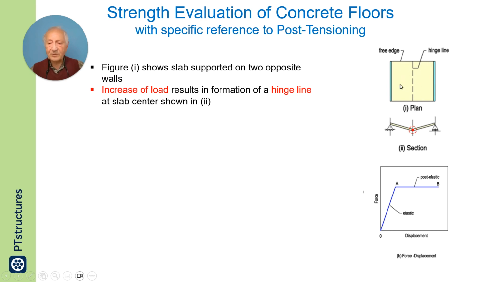The yield line analysis is based on the simplified concept I am showing on the right, that if you have a slab, you load it. Initially, you have a load deflection distribution like I show here, linear elastic. But when the location of maximum demand moment yields, you will have a load distribution and deformation like here.